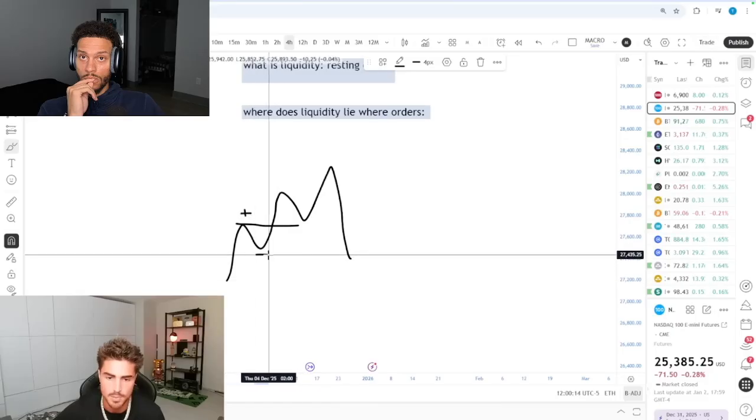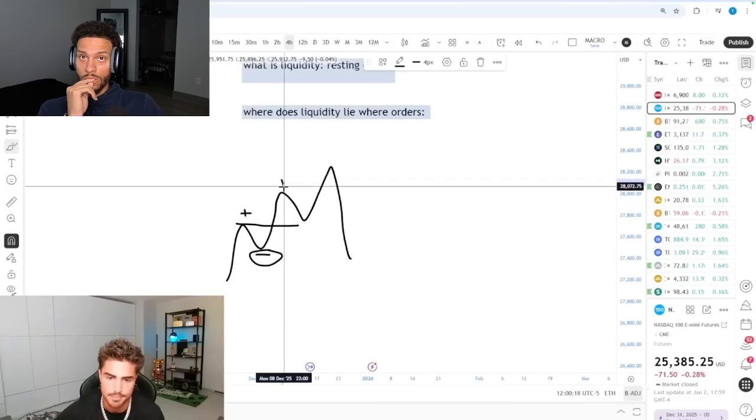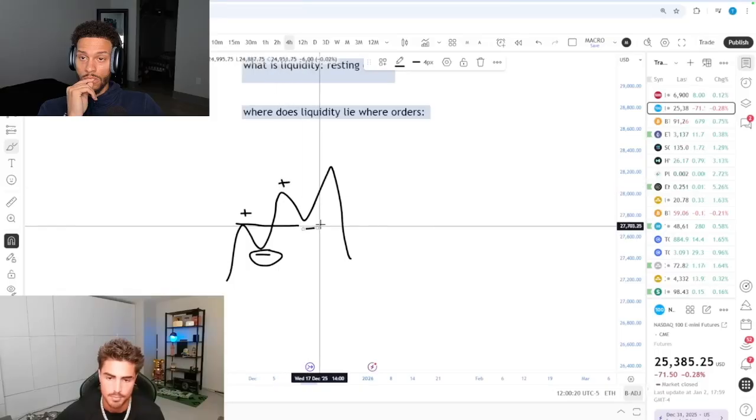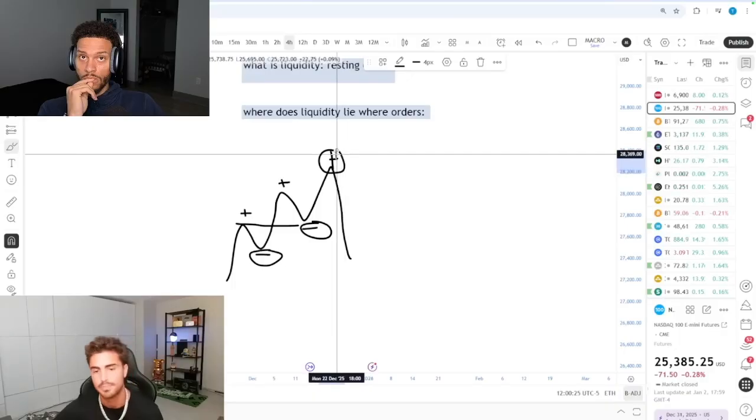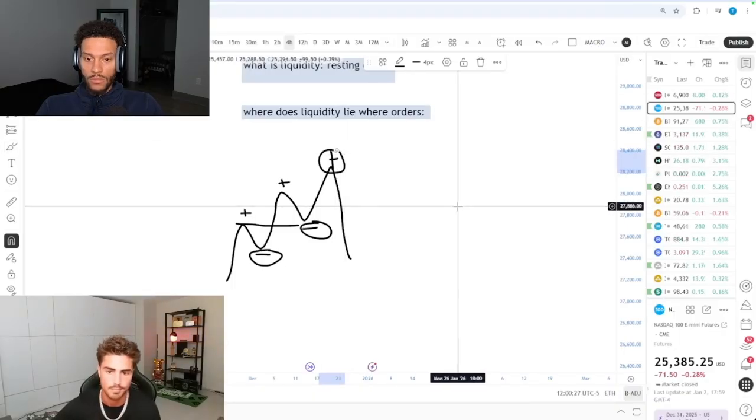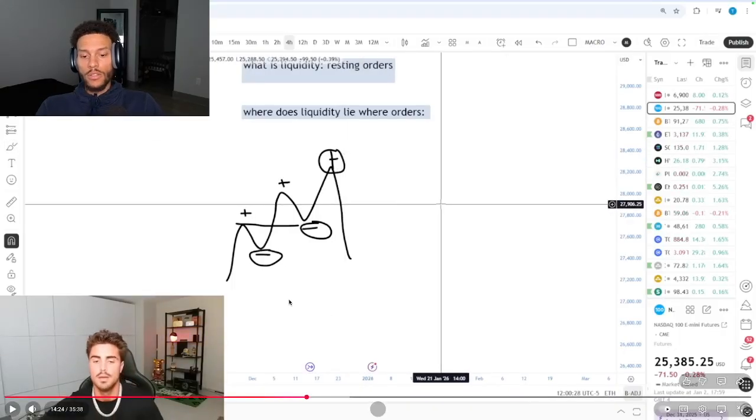There are also people with sells resting underneath lows. What that means is that when you have a buy order, you're clicking buy, right? Your stop loss will be down here below these lows. So that's where all the sell orders will be filled once people get stopped out.